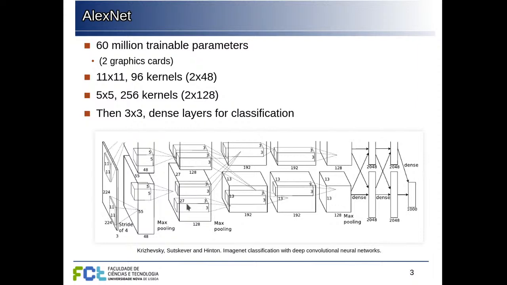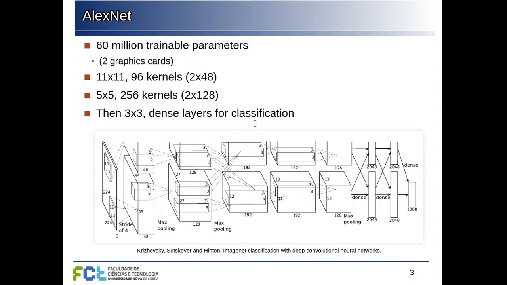Then they had this 5 by 5, then 3 by 3. So you see that after pooling the resolution of the feature map, so the total size of the feature maps, reduces, and then they also reduced the dimensions of the kernels as they were progressing along the network.